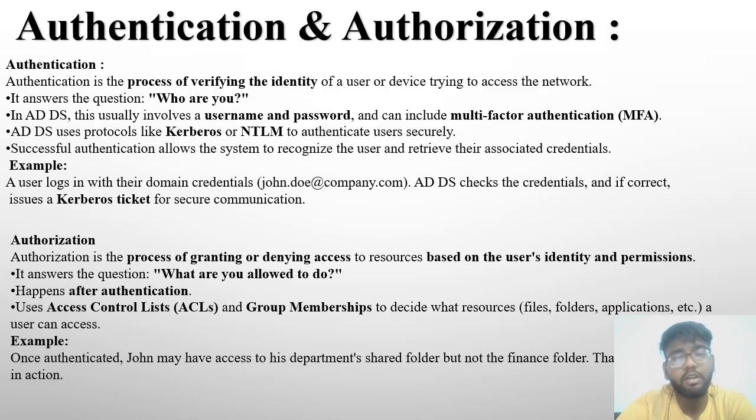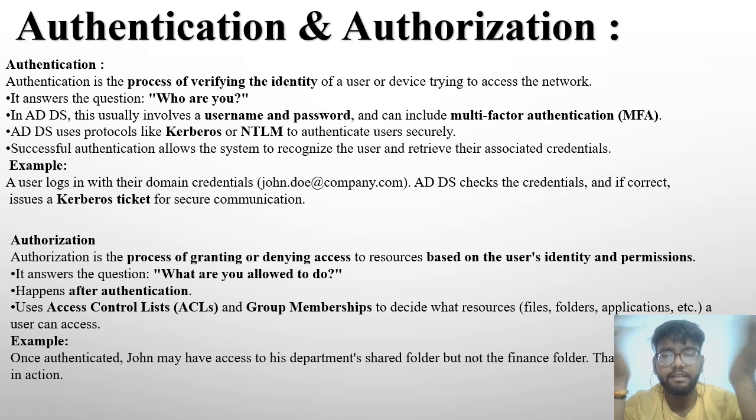Next, we learn about authentication and authorization, which are the main part of ADDS. In authentication, we verify the identity of the user accessing our network; it answers the question, who are you?